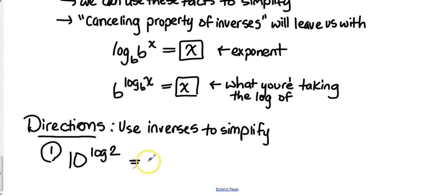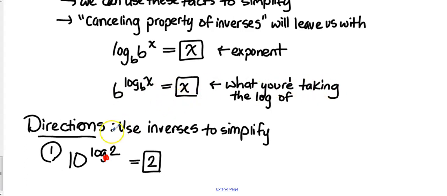This will equal 2. And my question is, why? Well, remember, when we just see the word log with no base, that's an invisible base 10. 10 to the log base 10 is the same as b to the log base b, where the base and the base of the log are equal.